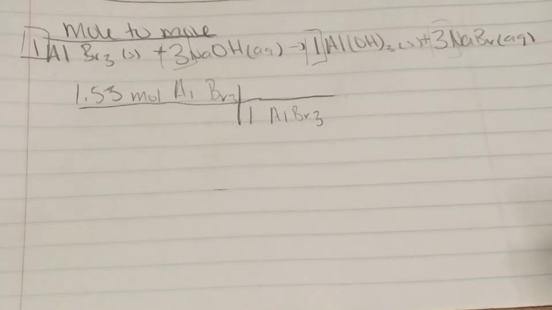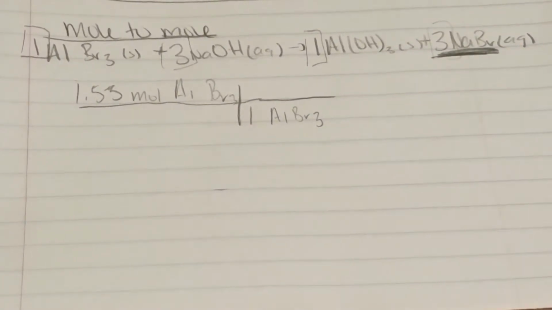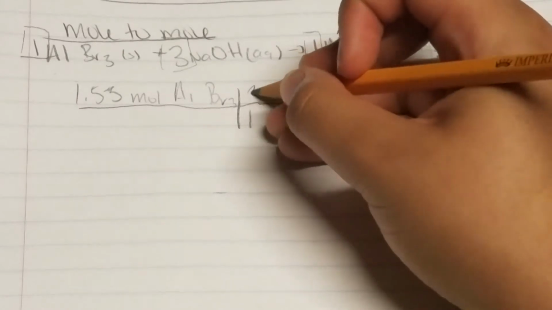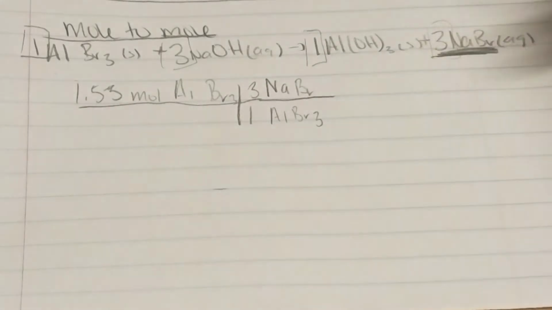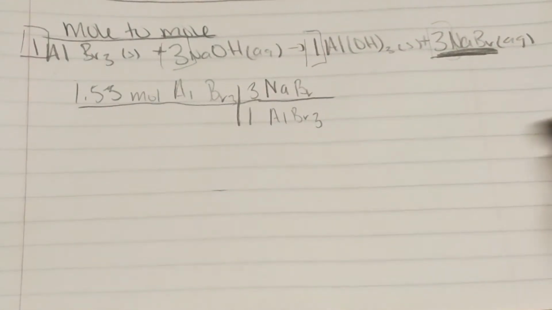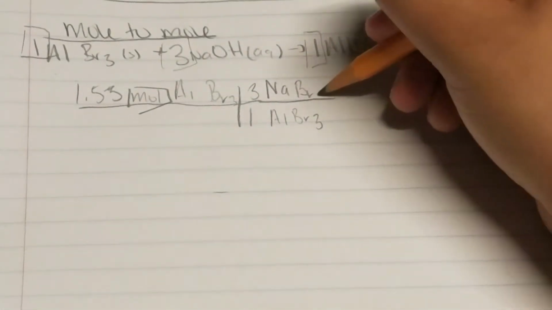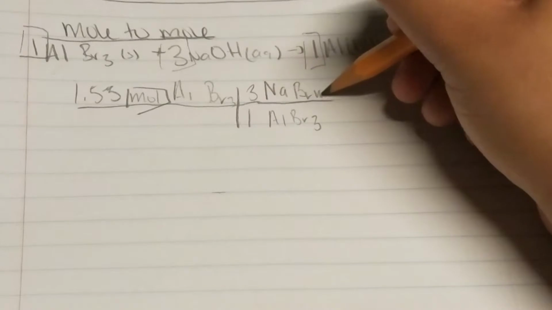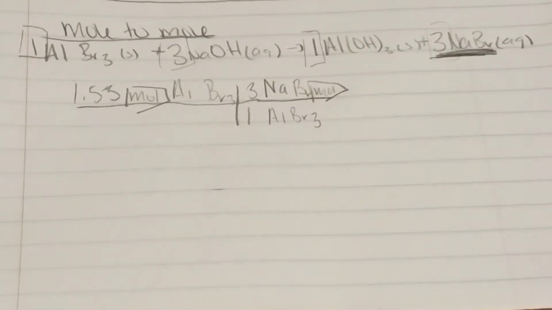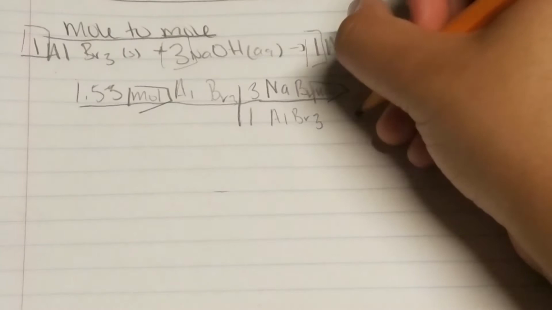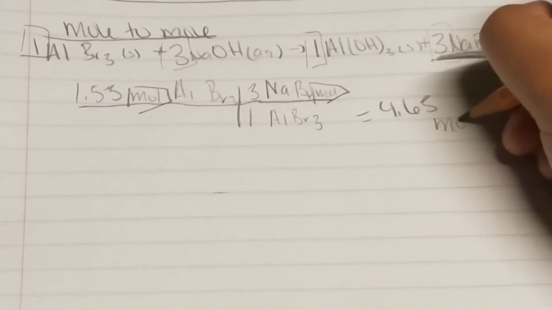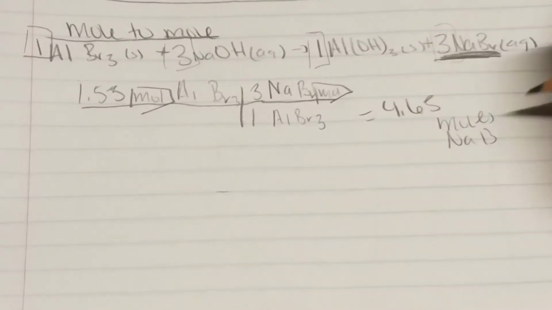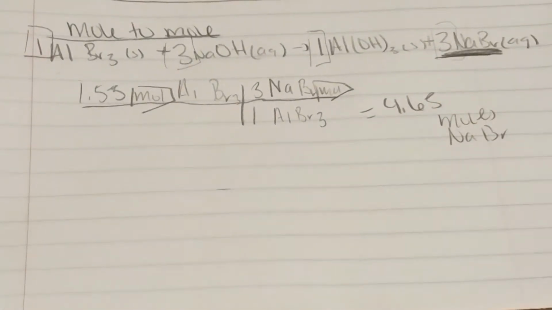So if I want to find sodium bromide, all we need to do is put that over this, NaBr. So we started with moles, and now we're ending with moles. That equals 4.65 moles of NaBr if you put it into a calculator.